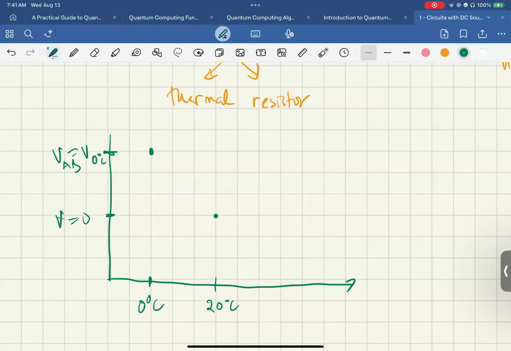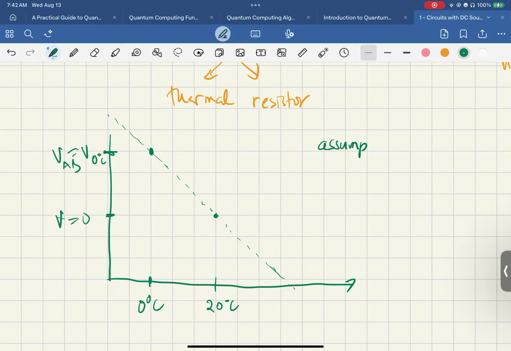Tapos, next na gagawin nyo, or actually, pwede nyo na sabihin na nakalibrate nyo na. Okay, so what you're going to do now is to draw a straight line. Of course, ang assumption dito is that yung response nung thermistor ninyo is linear.